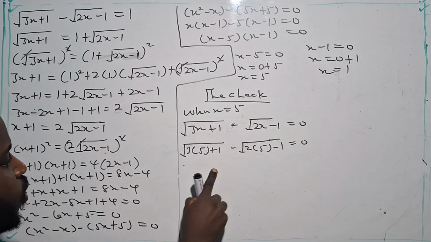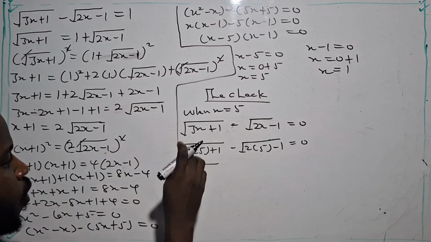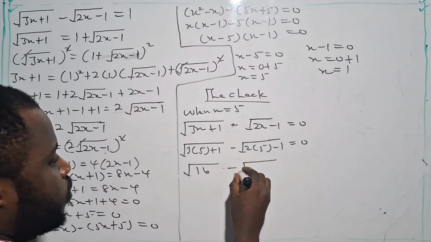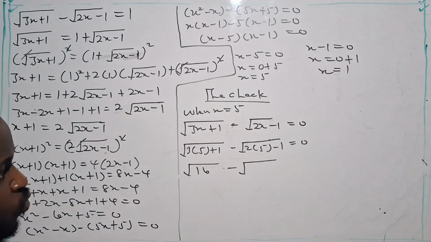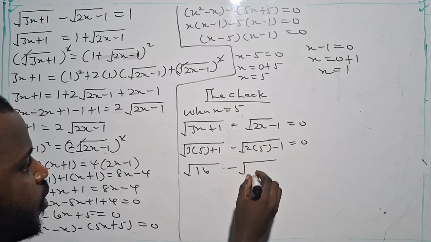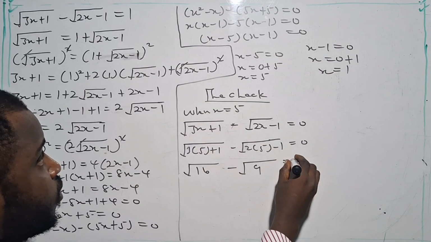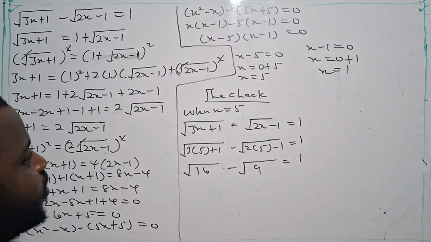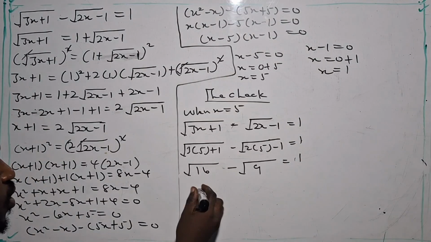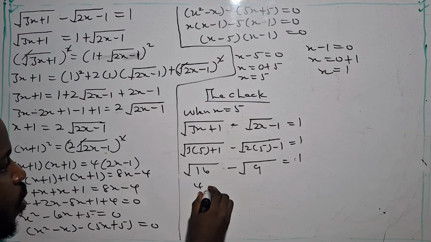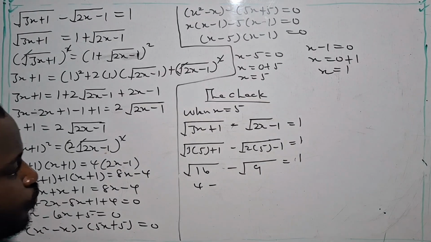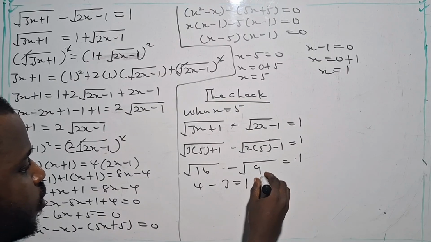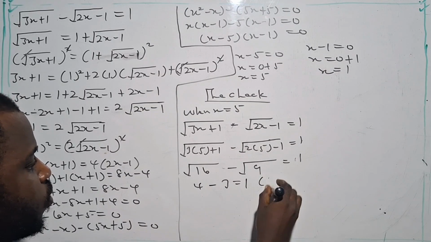Let me even do it straight away. 15 plus 1 is 16, minus 2 times 5 is 10, minus 1 is 9. So square root of 16 is 4, minus square root of 9 is 3, equal to 1. So this is true.